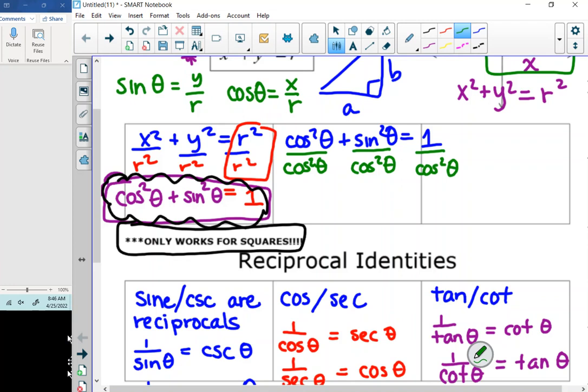So cosine squared divided by cosine squared, sine squared divided by cosine squared, 1 divided by cosine squared. This is going to make my second Pythagorean identity. Cosine squared over cosine squared, that's a 1.